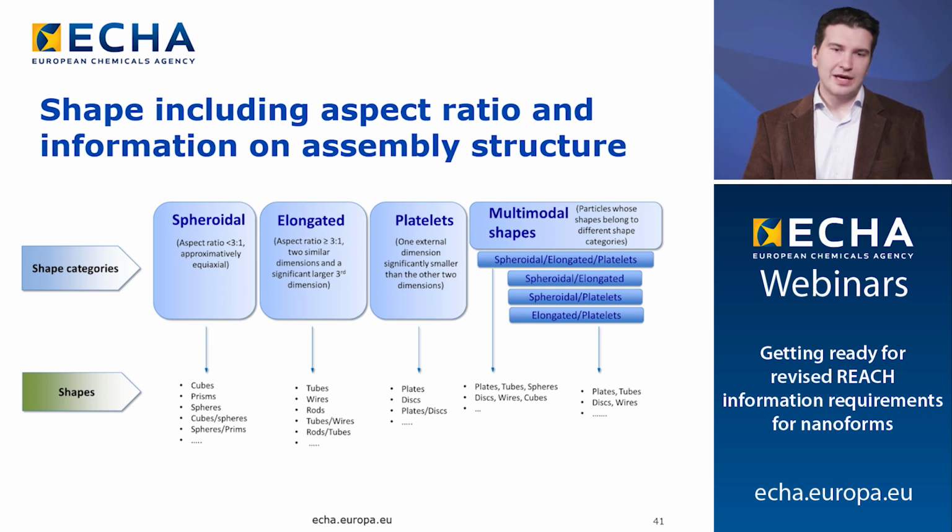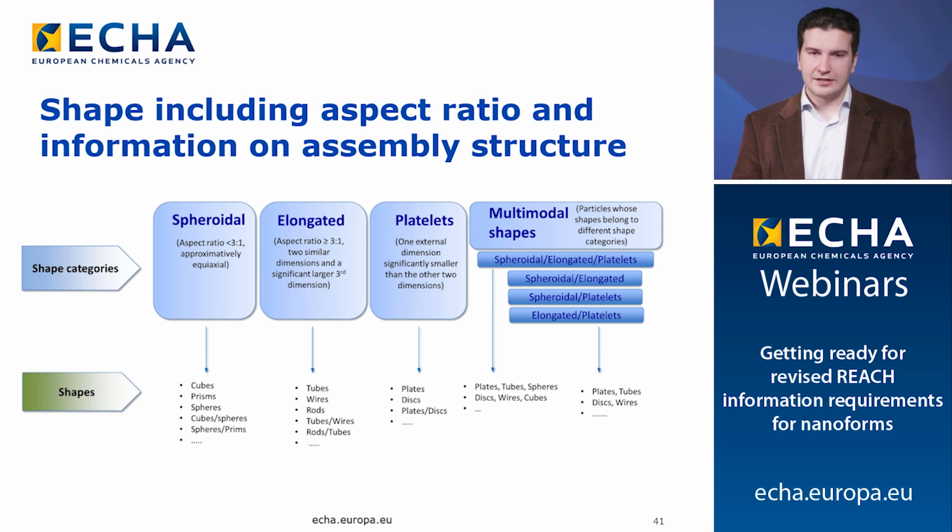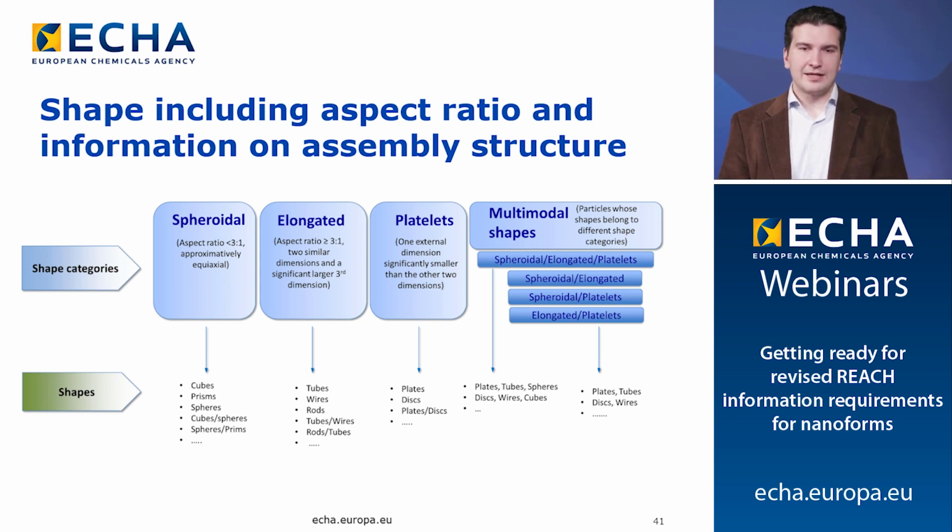This could include shapes like cubes, like prisms, like spheres, etc. The next shape category is the elongated shape category, and this covers particles that have an aspect ratio of greater than 3:1 with 2 similar dimensions, and then the third dimension being significantly larger. So this could cover shapes like tubes, like wires, like rods.